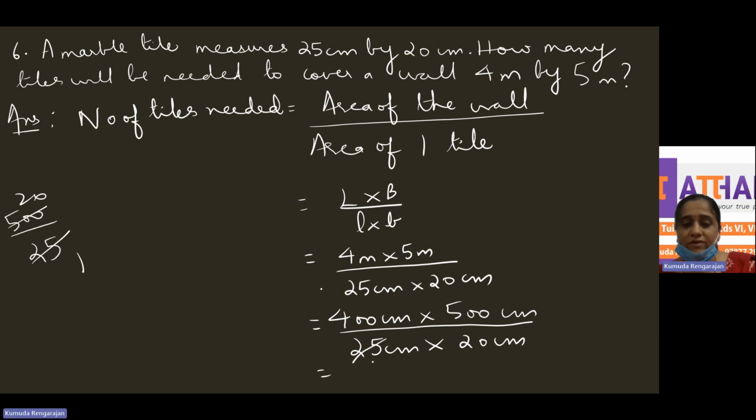Now this 20 and 20 will get cancelled. Now what is in the denominator? Only 1 is there. Now multiply the numerators. Only 400 is there. Everything is simplified, so that means 400 tiles are needed.